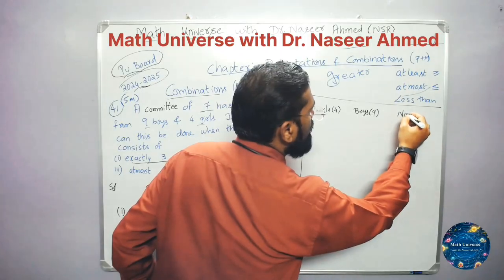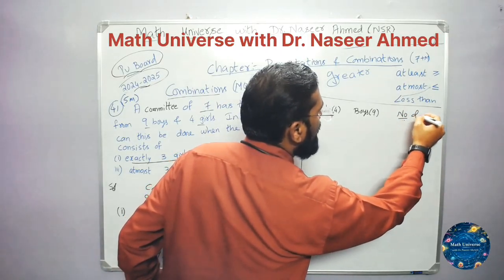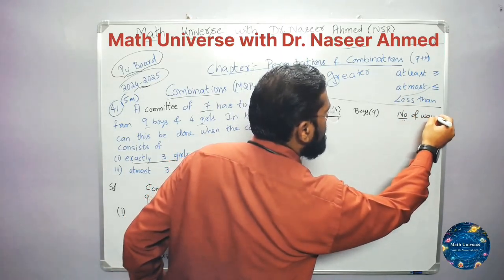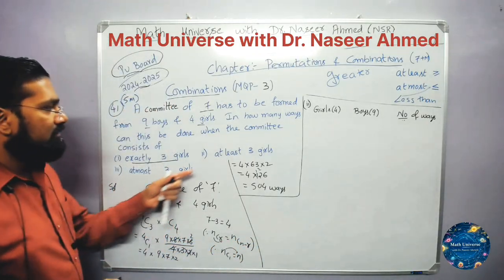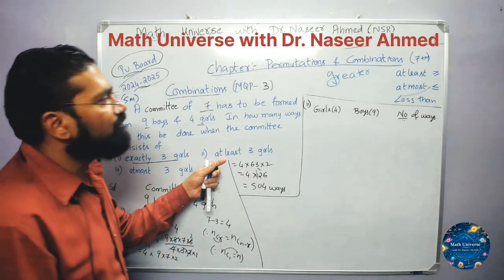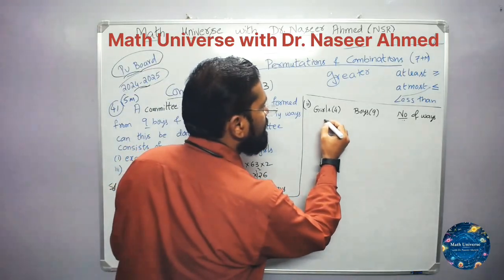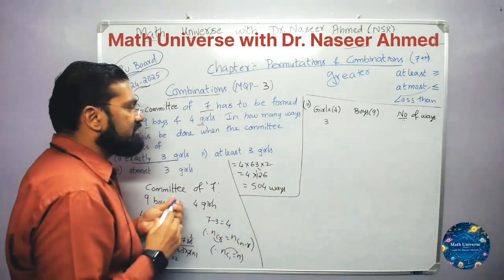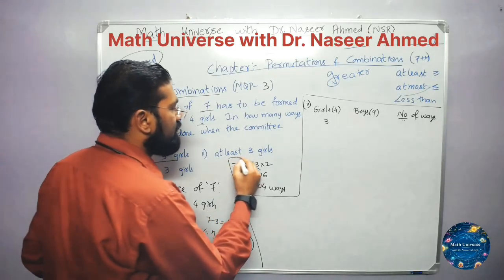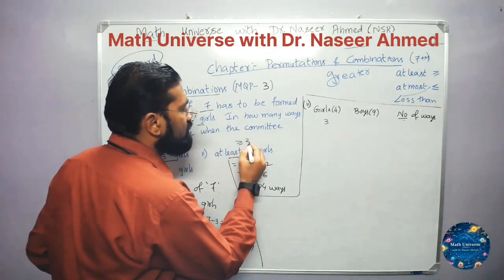And here we are going to find the number of ways of selecting them. Now let us form a table, but before that, 3 girls, correct? So see carefully. If I take 3 girls, at least they have given. What's the meaning of the word at least? Greater than or equal to 3.